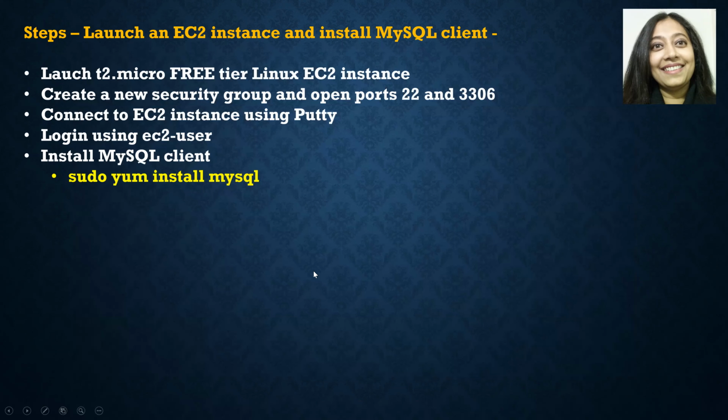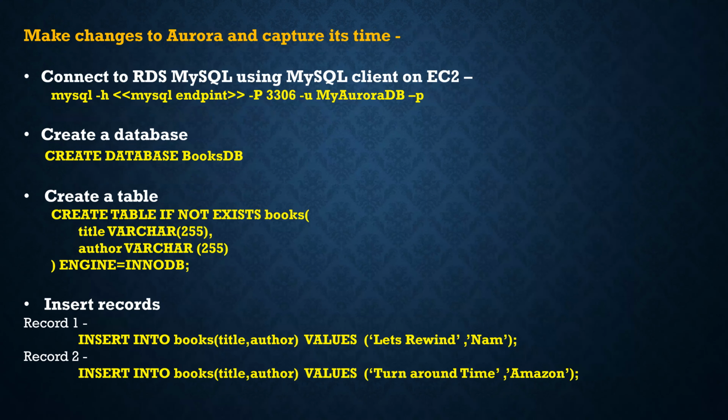Okay, so we've finished these set of steps. So let's continue further ahead. The next thing that we will do now is make some changes to our Aurora RDS instance, right? And every time we make a change, we are going to capture the time for that particular change.